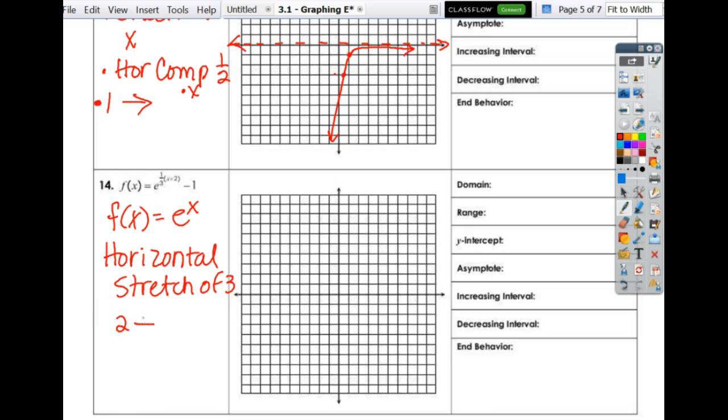So we're going to go 2 to the left and 1 down. And this is times the x, right? So my very first point that I start with every single time, no matter what, is 0, 1. So horizontal stretch multiplies to 0 times 3, which is still 0. So I'm going to move 2 and down 1.